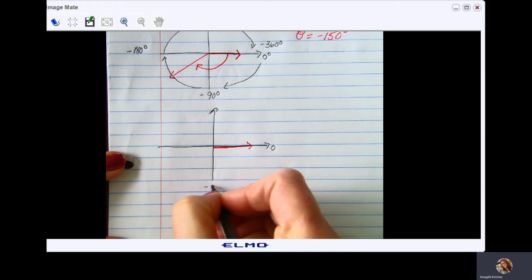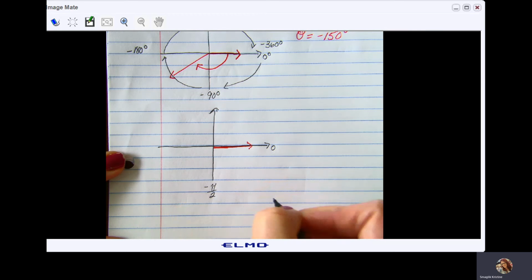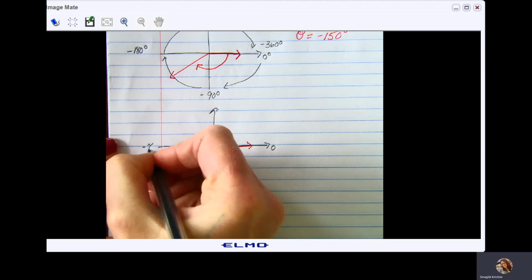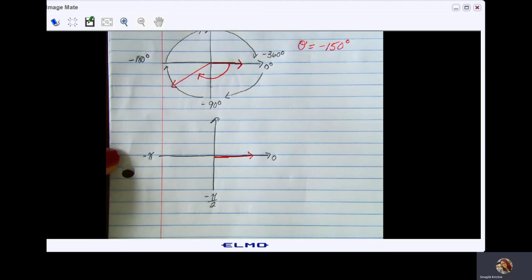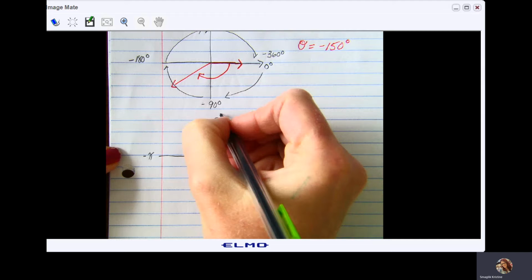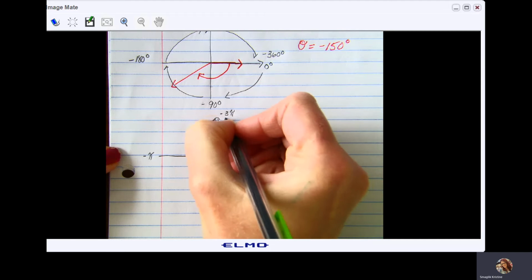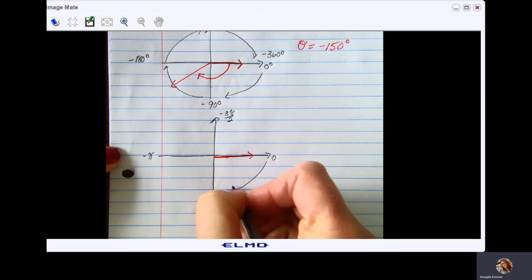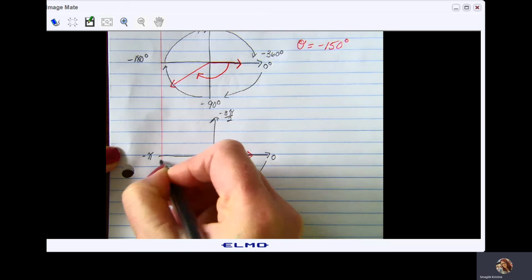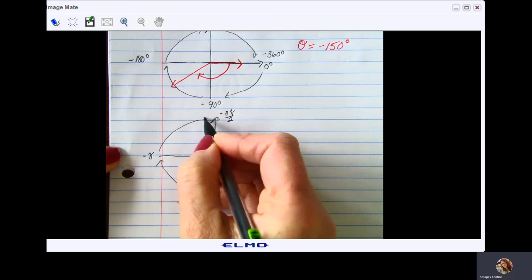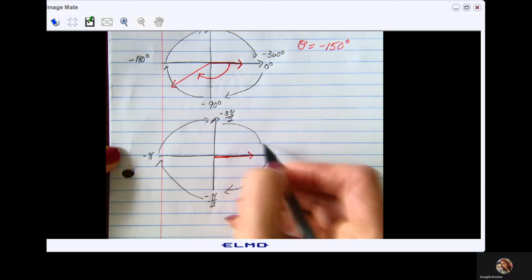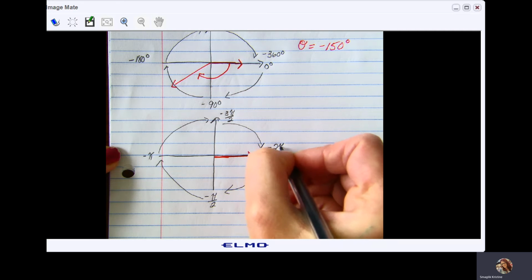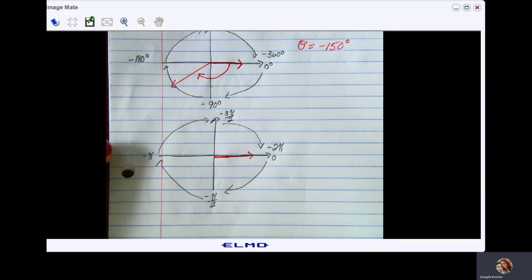Here I am at negative pi over 2 radians. Coming up over here, I'd be at negative pi radians. And up here, I'm at negative 3 pi over 2 radians. And then again, forgot to draw my arrows, we're moving this way. And then that full rotation, I'm at negative 2 pi radians.